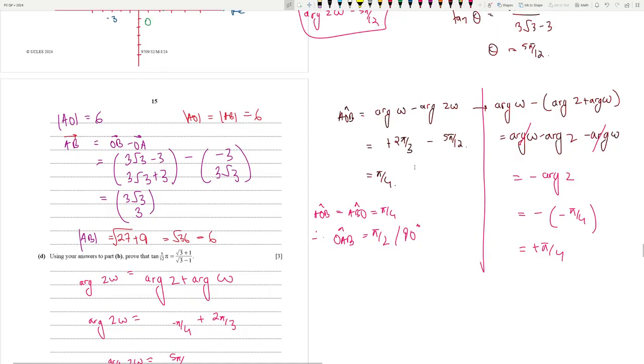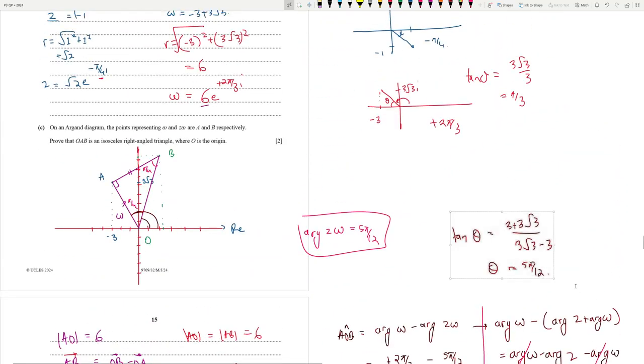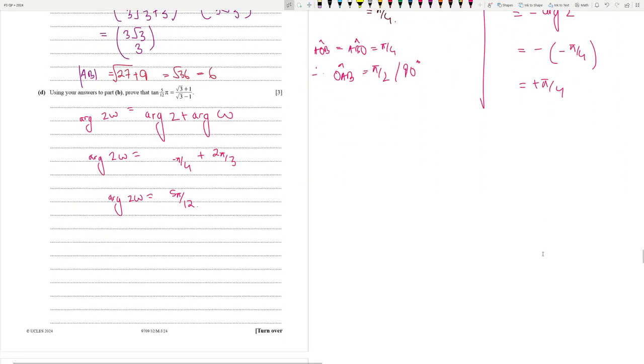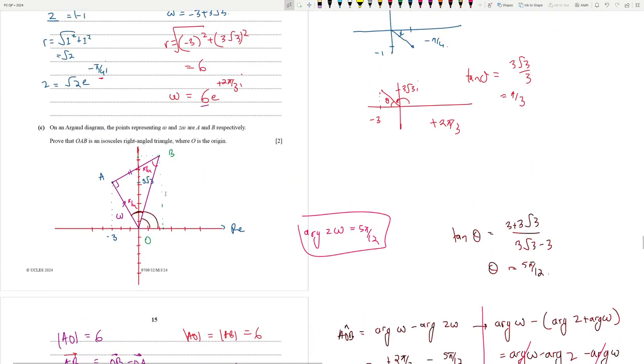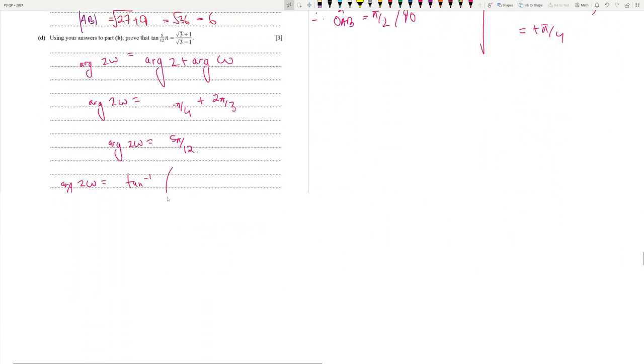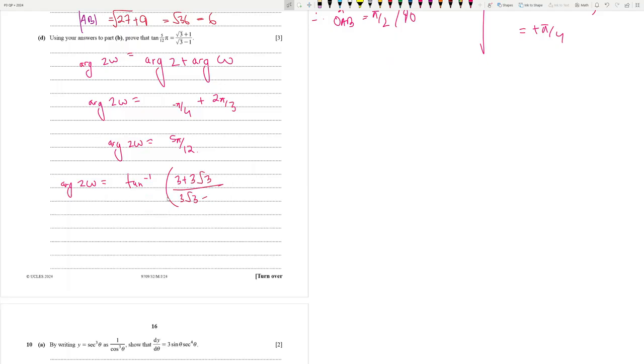Now, here's the thing. This part that I did over here, we can also say that argument of Z omega is equal to tan inverse opposite by adjacent. Okay, opposite is 3 plus 3 root 3 and adjacent is 3 root 3 minus 3. I showed this to you guys beforehand.